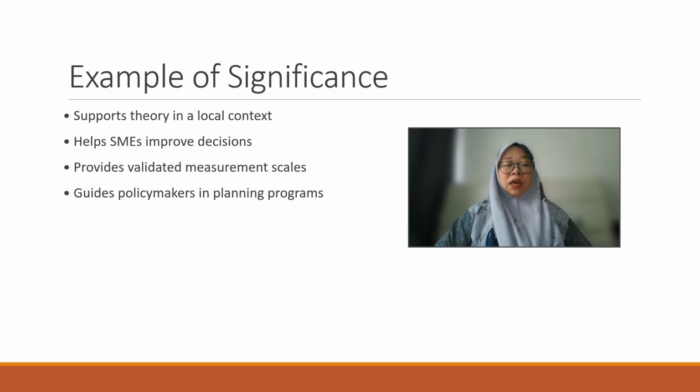Particularly, the findings can help the small medium enterprises to improve their digital marketing strategies based on data-driven insight. On the methodological aspect, the study could offer a validated measurement scale for future research. And at a policy level, the results can guide agencies in designing more effective digital training programs for entrepreneurs.